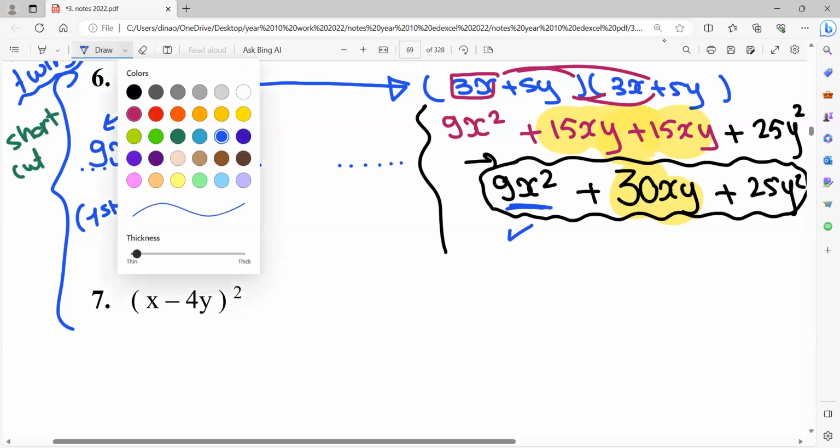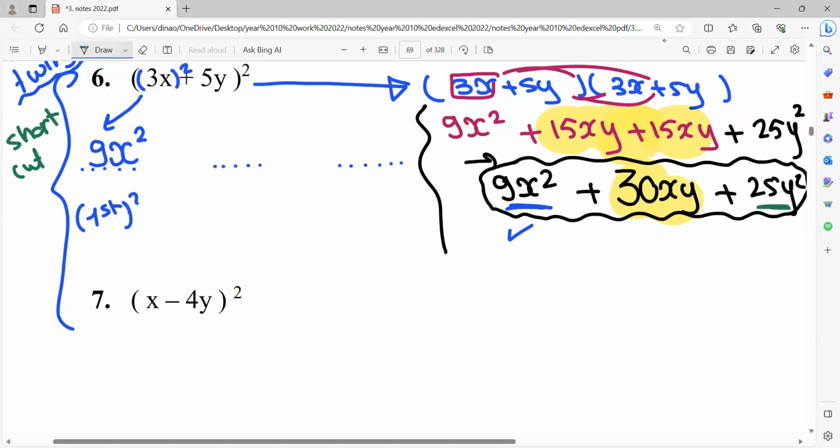Now let's look at the last term in my answer. The last term in the answer is the second squared. So if I wish to find the last term, we take the second power 2. So to find the first, square the first.